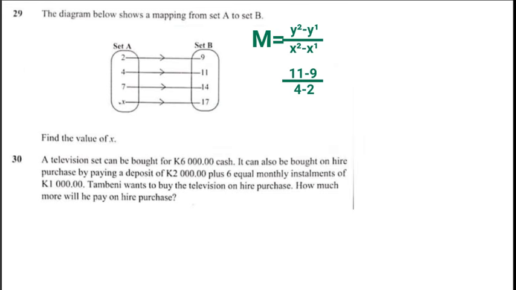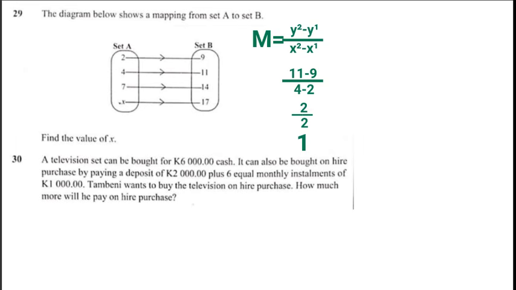Then we find the difference of these. 11 minus 9 is 2. 4 minus 2 is 2. Then 2 divided by 2 will give us 1. Once we have done that, we can go ahead and write the formula that we can use.